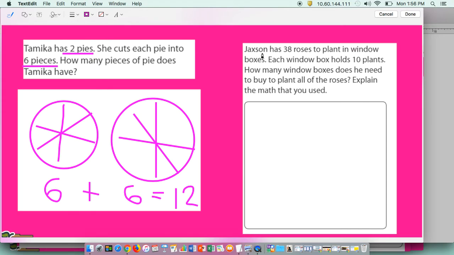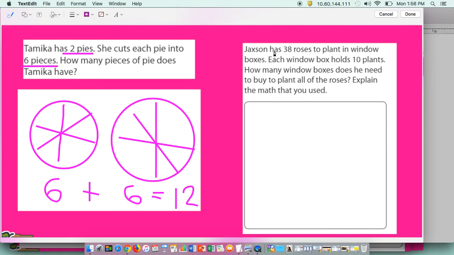Next problem. Jackson has 38 roses to plant in window boxes. Each window box holds 10 plants. How many window boxes does he need to buy to plant all of the roses? Explain the math that you used.